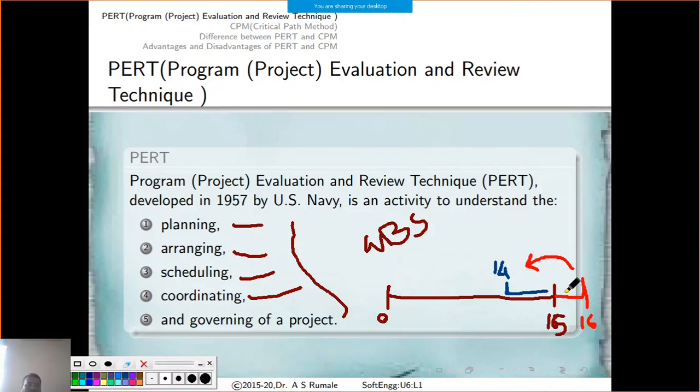Now what would you like to do, get 10,000 extra from your customer, or have 10,000 deducted from your 1 lakh rupees? Obviously you would like to get 10,000 extra.